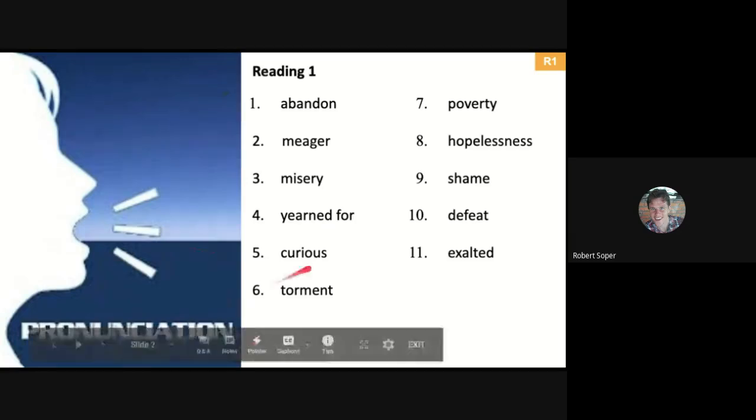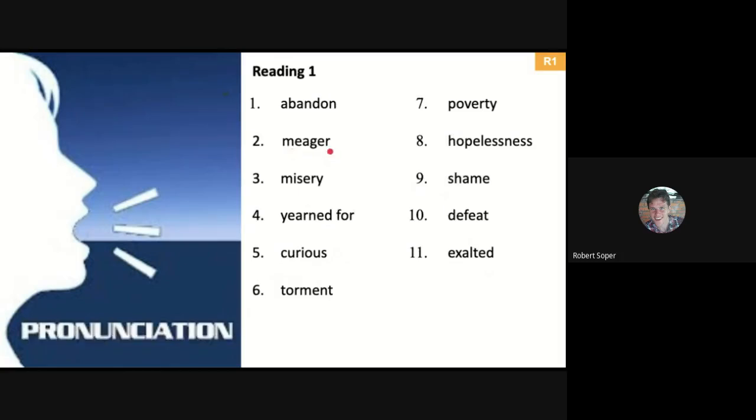Pay particular attention to this word exalted. It's a aw sound with the A. And make sure that you're saying meager and not mager.